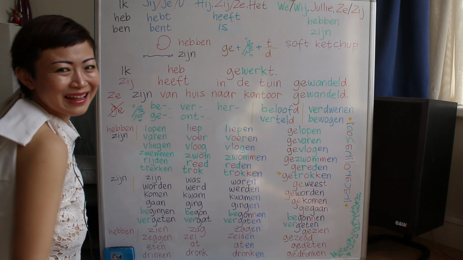Zien, zag, zagen. Gezien. Zien, see, saw, seen. Works with hebben. Zeggen, zei, zeiden, gezegd. Say, said. Gezegd.